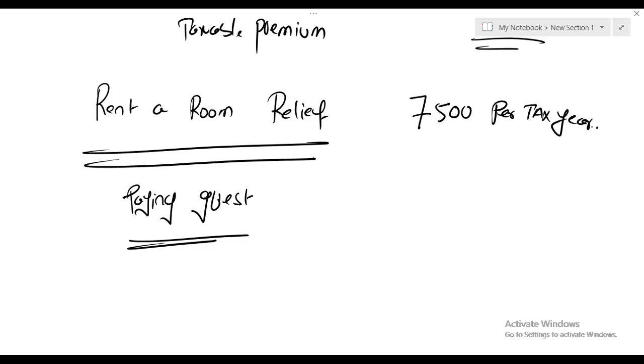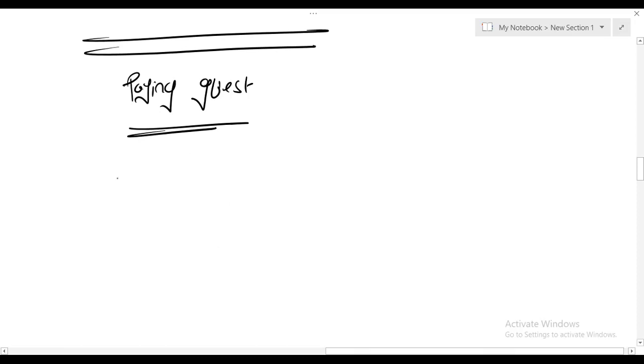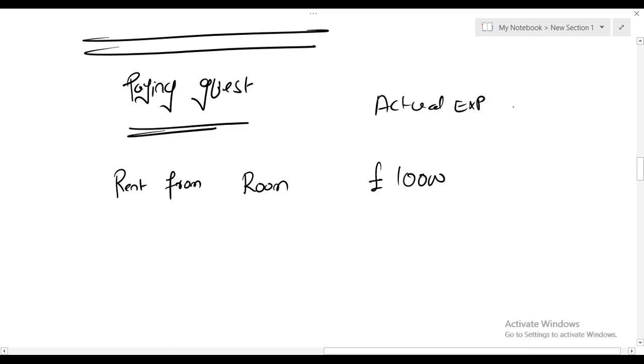So in case of rent a room relief and actual expenses, we will opt for the option which has a higher value. So for example, the rent from room is, let's say, 10,000, and your examiner says actual expenses in that room are 5,000.